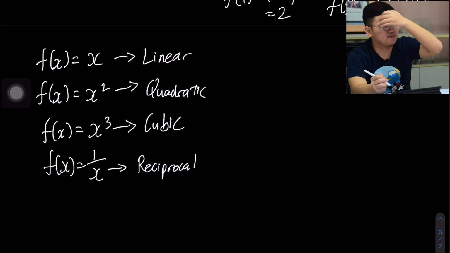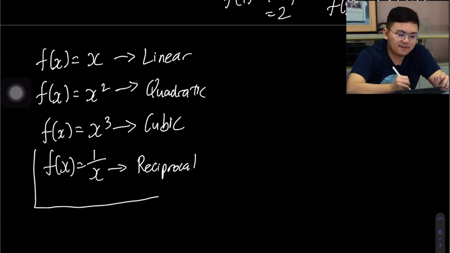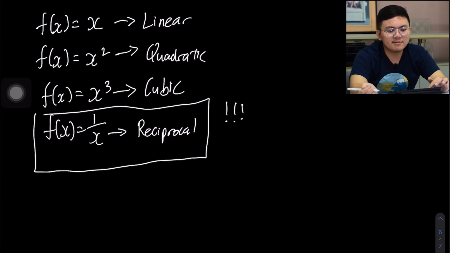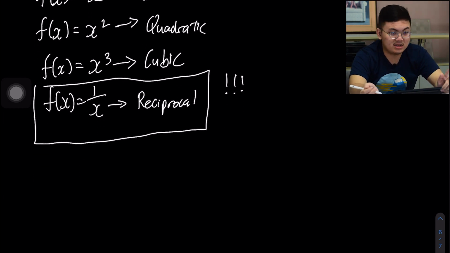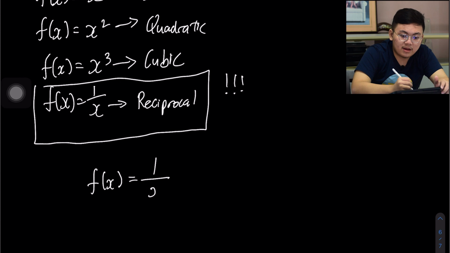So from here you can see when we are writing a function, we just write f(x) equals something. But there is one thing for the reciprocal function, and it is very important. When you are writing the reciprocal function, for example a simple one, 1 over x, you should write that x cannot be equal to 0.